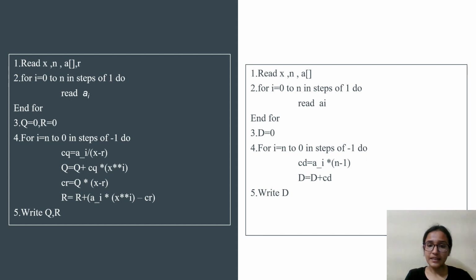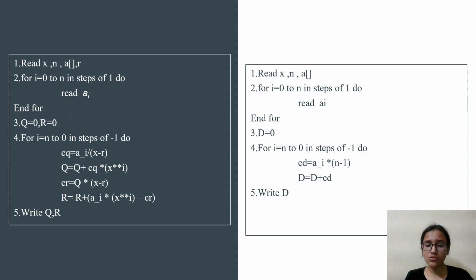Now the right column represents the algorithm for computing the derivative of the polynomial, in which we have done the same initial steps as before. Here we have taken another new variable d, which will be storing the value of the derivative calculated for each term.